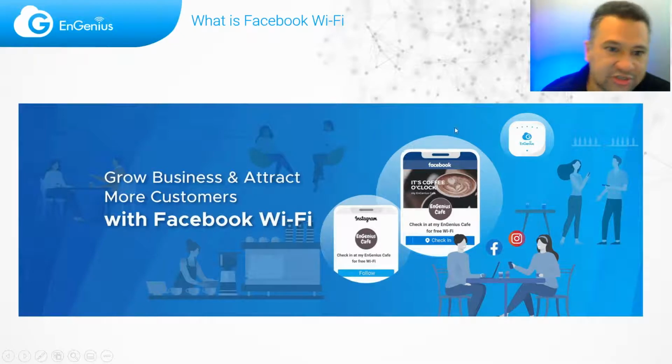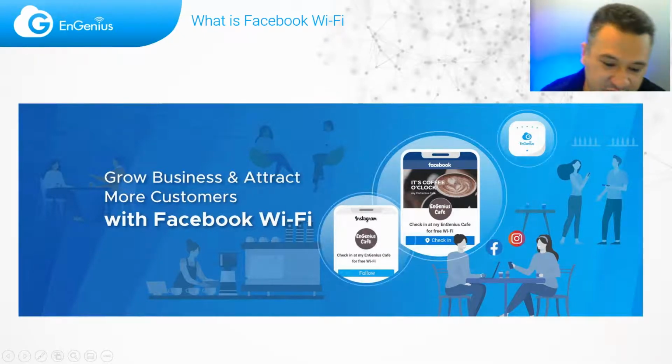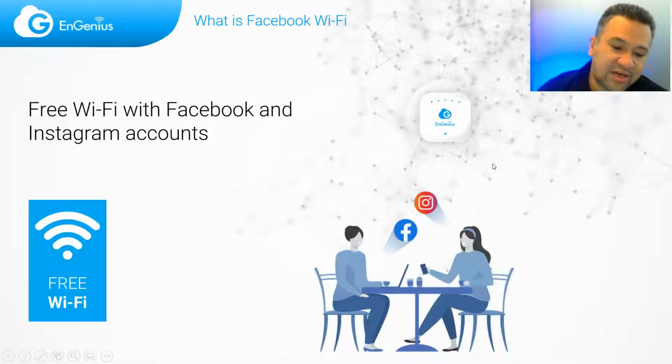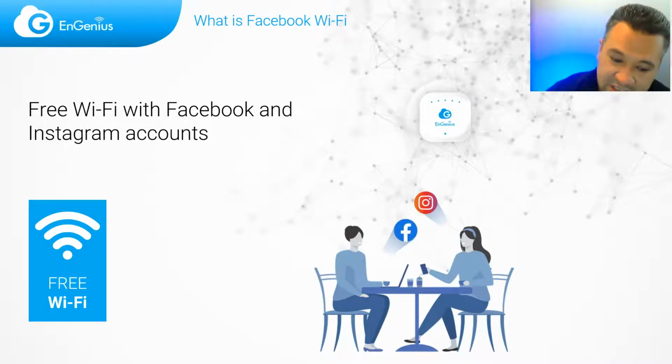Okay, so first I will explain what is Facebook Wi-Fi. Facebook Wi-Fi is a way to provide free Wi-Fi for customers using Facebook and Instagram accounts. And just to start with something new already, Instagram is new. I will talk about it further, but this is available now if you are using EnGenius access points.